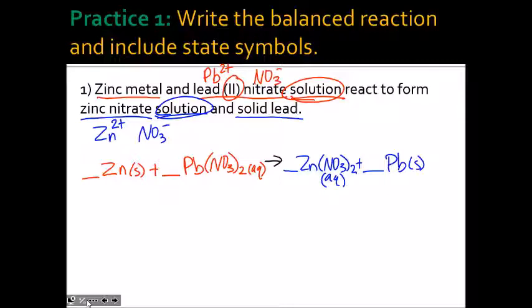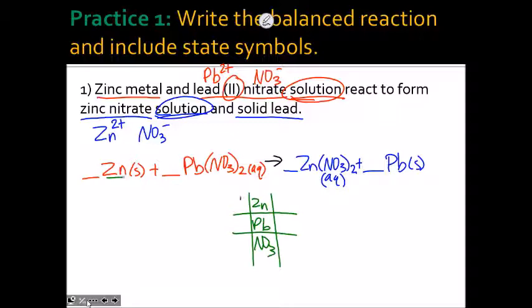So we've written out our formulas. We put in our state symbols. Now all we have to do is balance. So take a look there. Are we good? If you need to, you can do the little chart thingy. We have zinc, we have lead, we have nitrate on both sides.